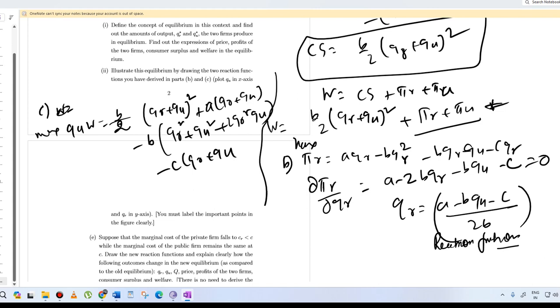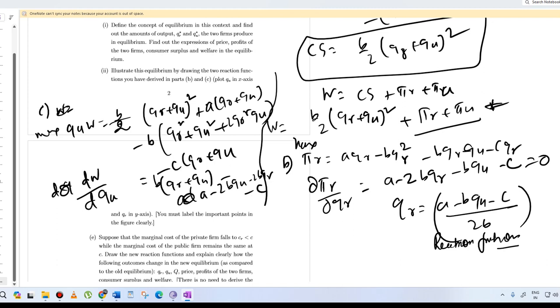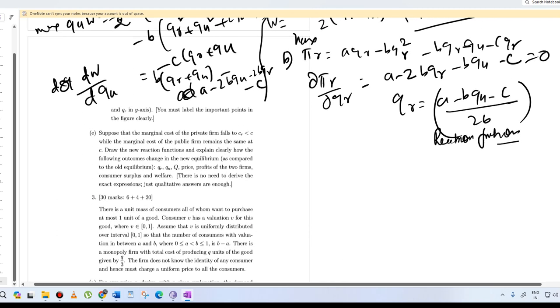So for the optimal QU, the derivative is B(QR plus QU) minus A minus 2B QU minus 2B QR minus C. A little bit of rearrangement is needed.